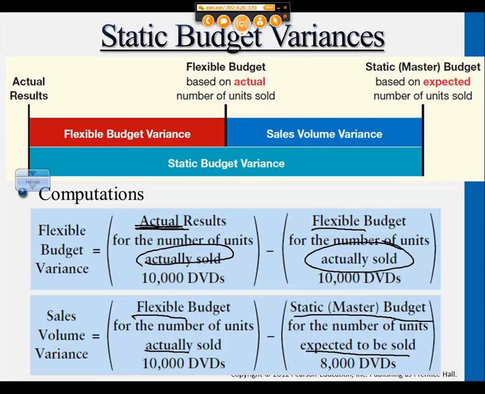One is the number derived from the budget, but within this relevant range. If I know that I sold 10,000, I'm going to go to this relevant range and see where that 10,000 column is, and use the number from there. For the actual result, I will use the actual results. So looking at the picture I have for you here, our flexible budget is based on the actual number of results, and the master is the expected.